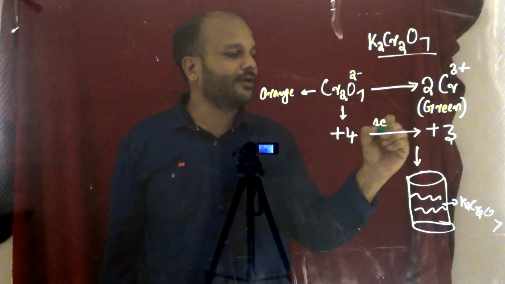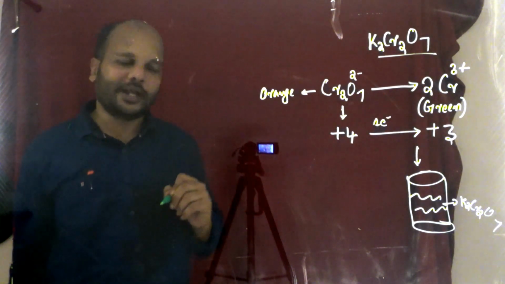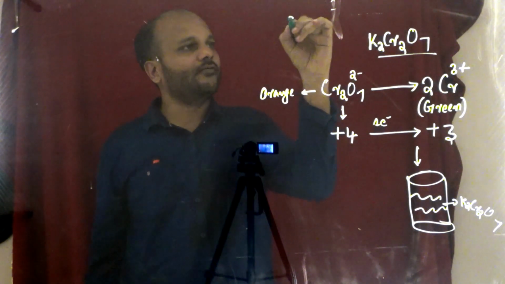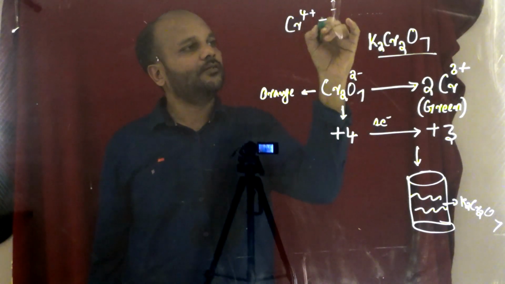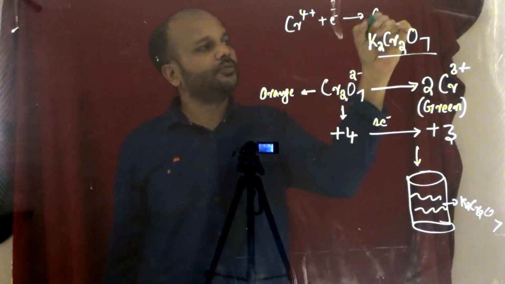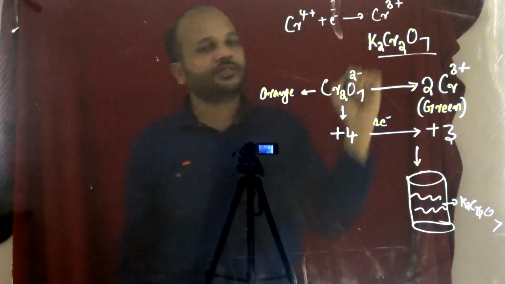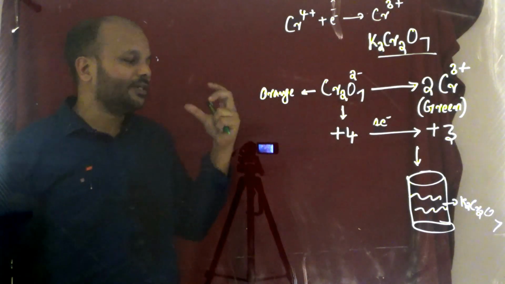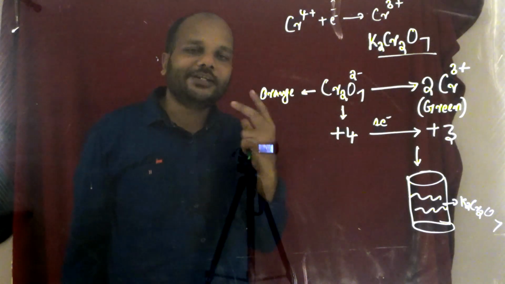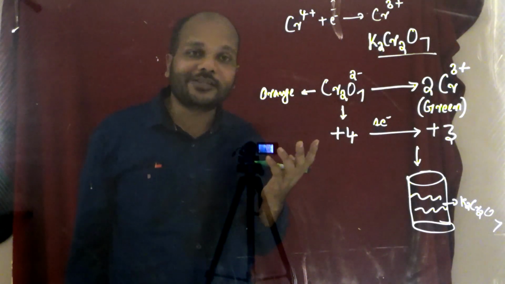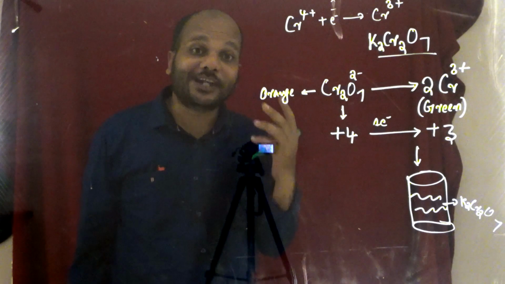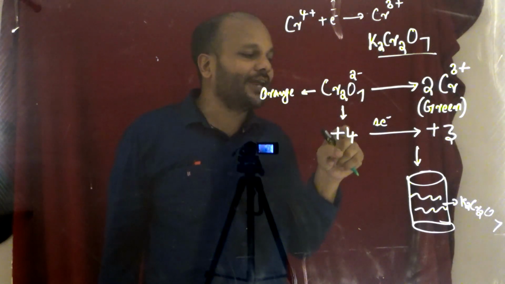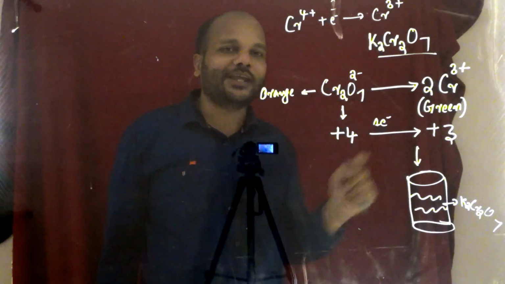One electron is getting added to the potassium dichromate. If I write Cr4 plus, accepting an electron, this is going to be Cr3 plus. Obviously, any agent which is giving an electron, in other words any reducing agent, can bring about this +4 to +3 conversion.